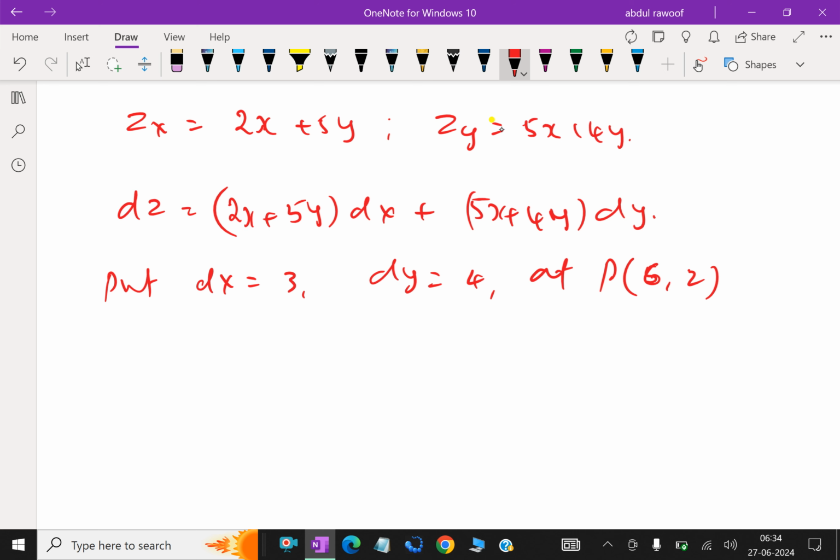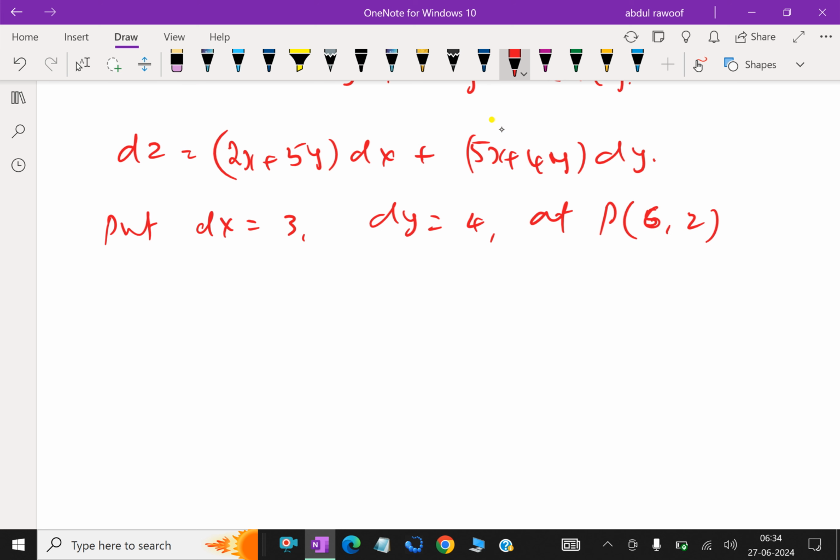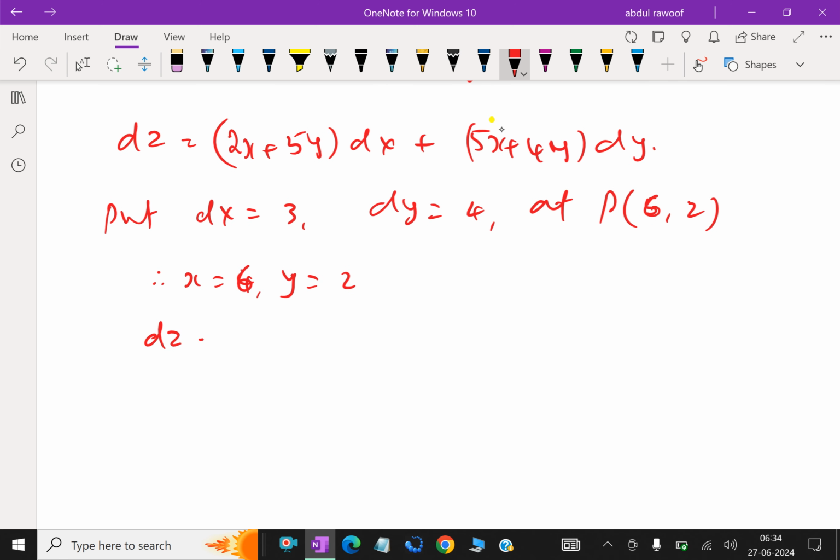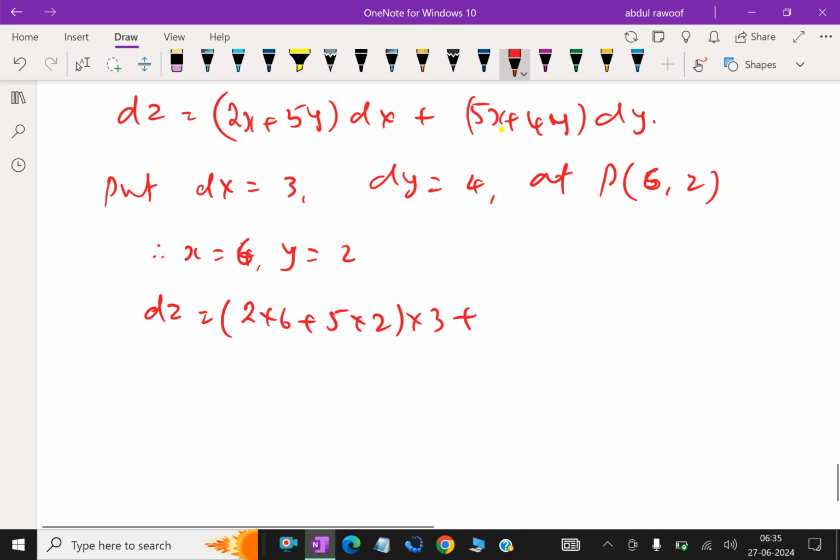We have to substitute x equal to 6, y equal to 2. Substituting, dz is (2 into 6 plus 2 into 5) into dx, which is 3, plus (5 into 6 plus 4 into 2) into dy, which is 4.